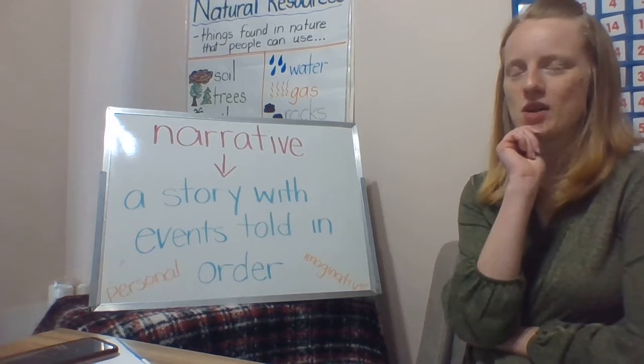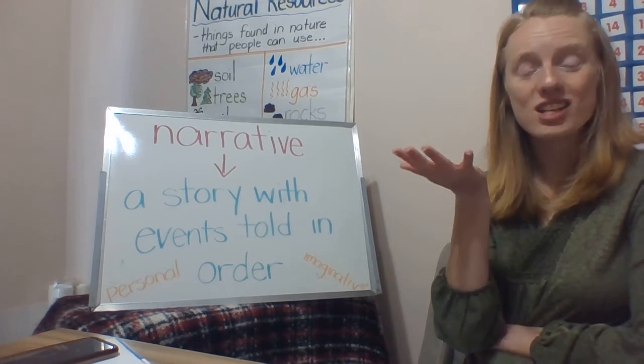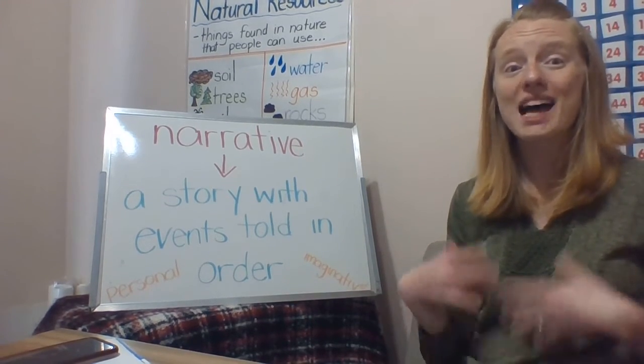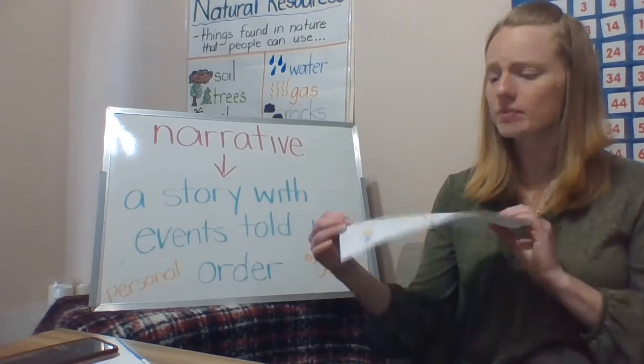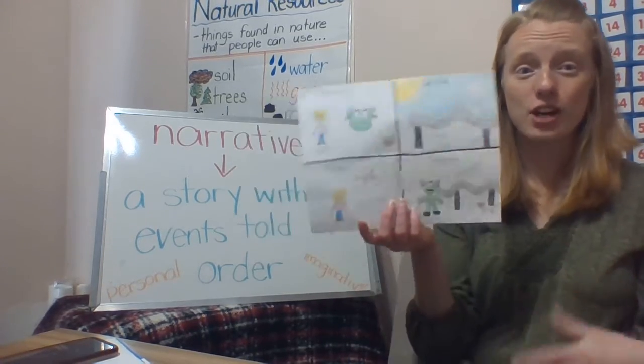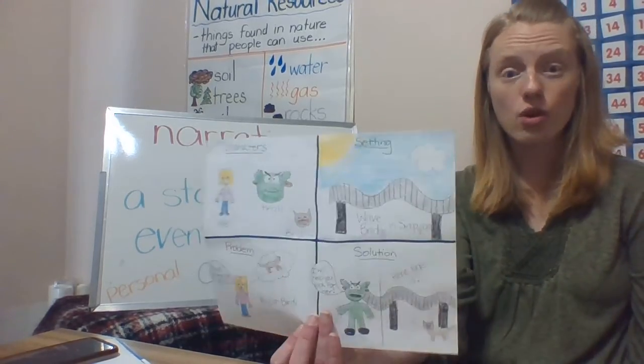It's another word we know that sounds a little bit like that. Imagination. An imaginative narrative means that you are using your imagination to think of a new story. That's what this story is. This is an imaginative narrative. You are making up a story about a time when you would encounter a troll.